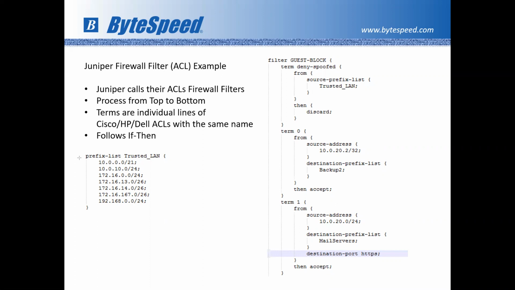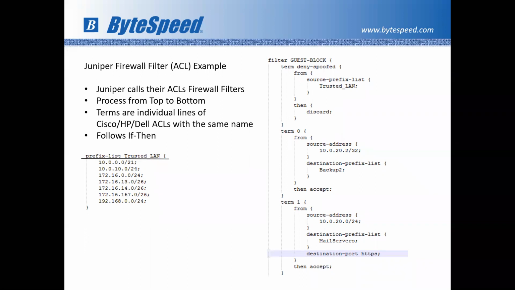With Juniper, you can do what's called a prefix list. It allows you to group different subnets or IPs together, and use that to write one rule instead of multiple rules.